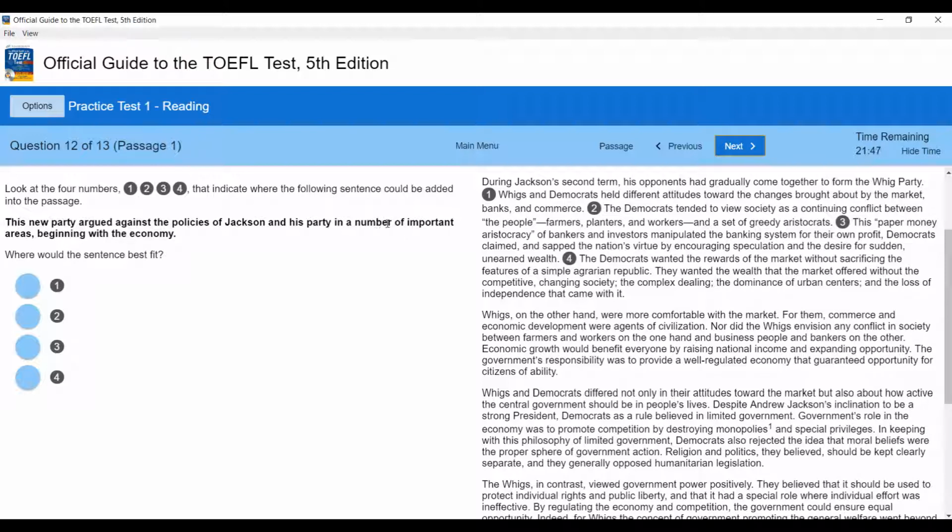That would be part of a general statement, then it would be getting probably into something specific. So looking for a word referring to a party, and I do see Whig Party, so it could possibly be number one.